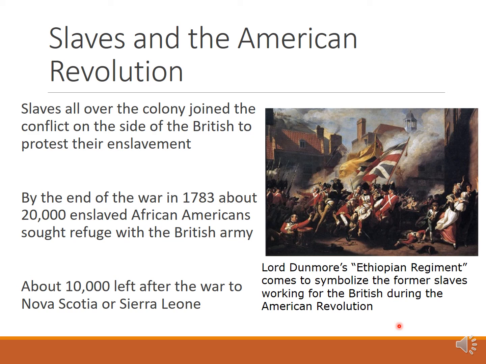So that's kind of an interesting dynamic that takes place during the American Revolution, is that you do have African American enslaved people that are going to be enticed to fight for the British because, of course, they are promised their freedom. So that's an important sort of subplot to this entire story moving forward.